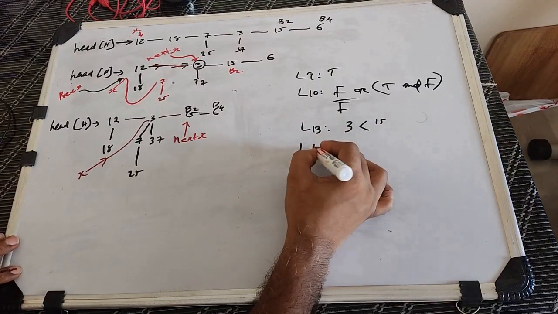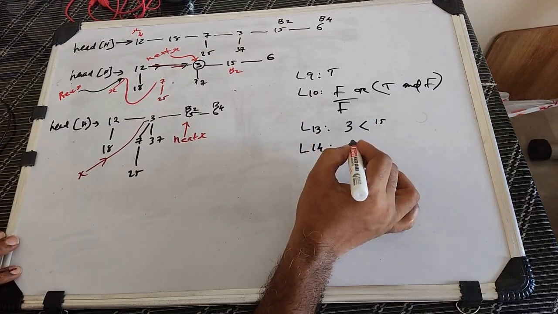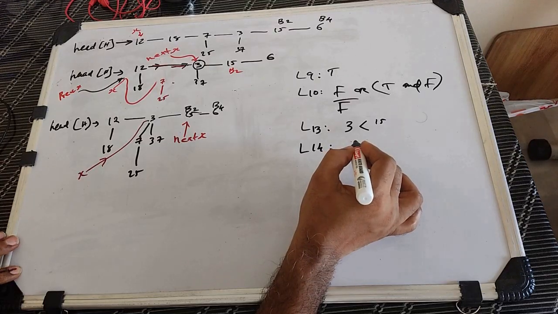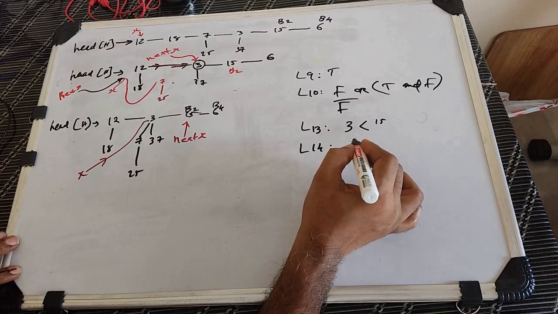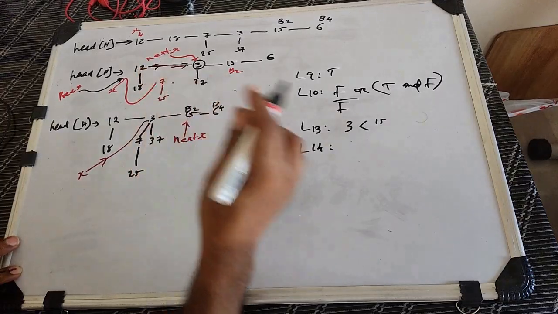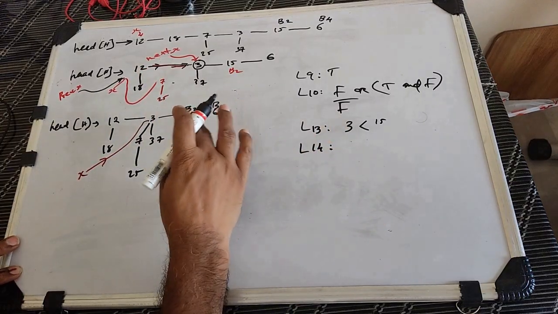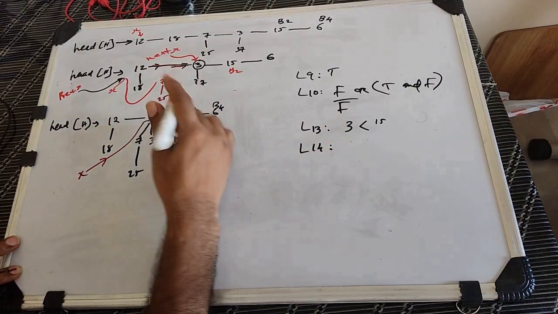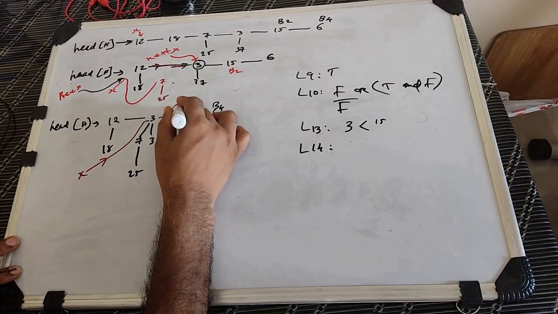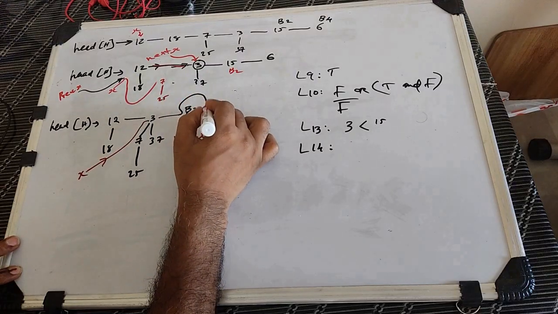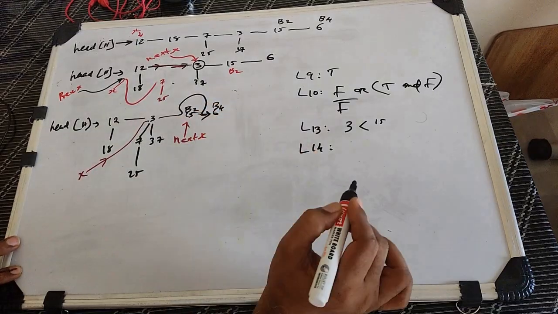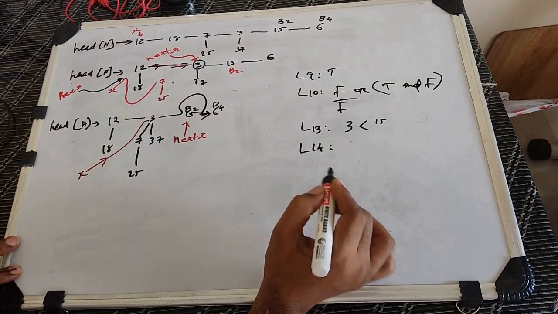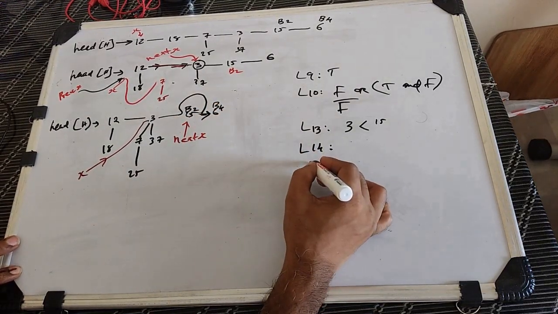So line number 14. Sibling of x equal to sibling of next x. So this will be bypassing, like this. That is done by L14.